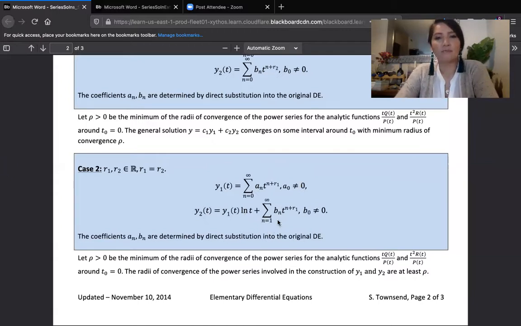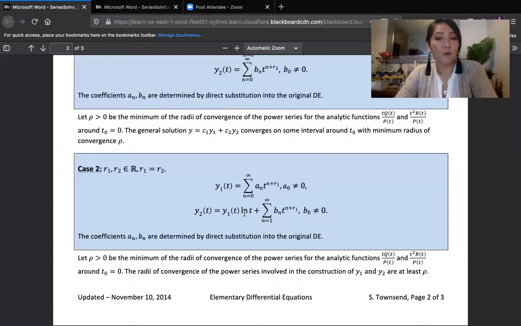So we'll have b sub n times t to the n plus r1, and the r values are exactly the same. This r value and this r value are exactly the same, but the coefficients of this series are different from the coefficients of this series. You'll need to find the b sub n, and you'll be able to find the b sub n by differentiating this twice, substituting into the differential equation, and grouping terms involving this natural log of t.